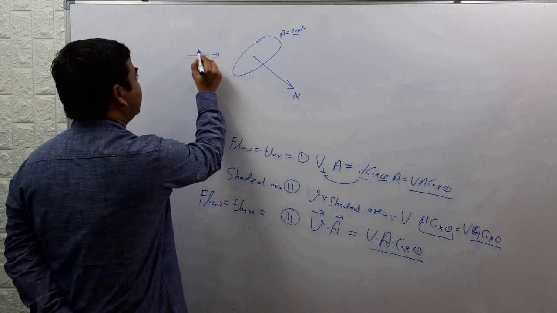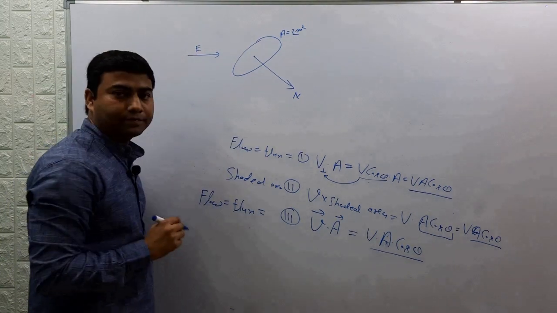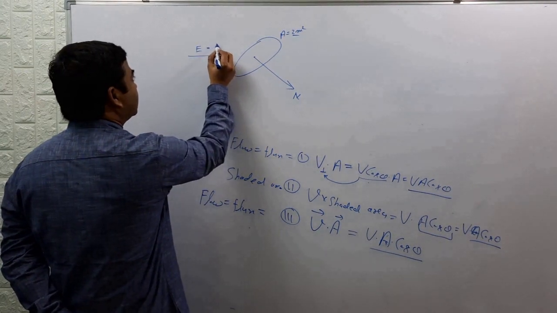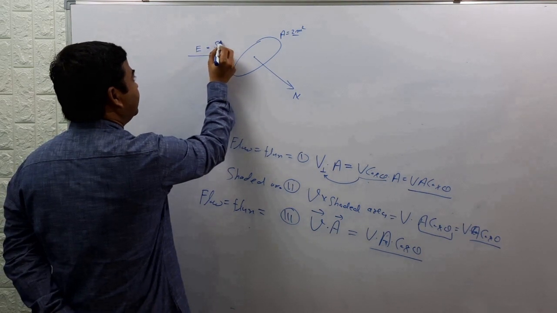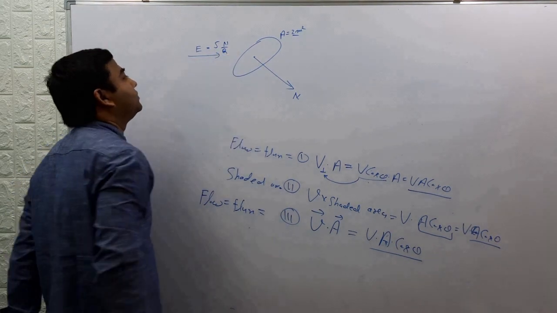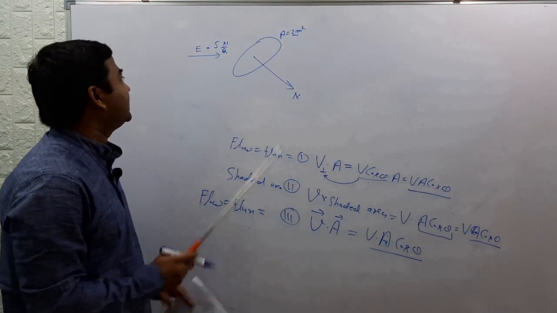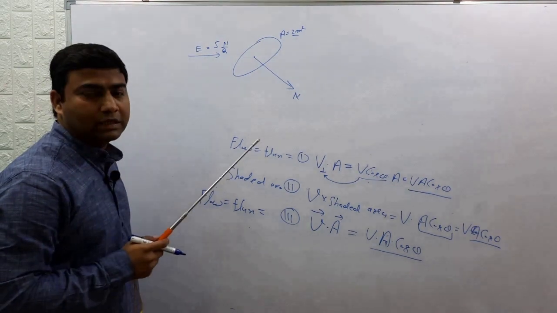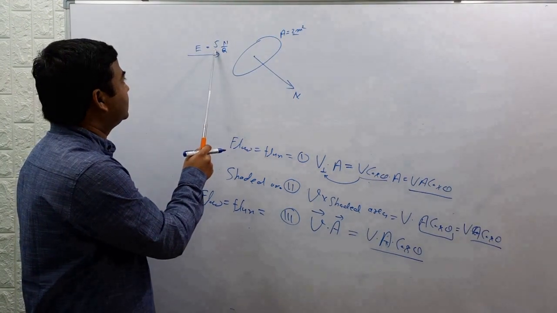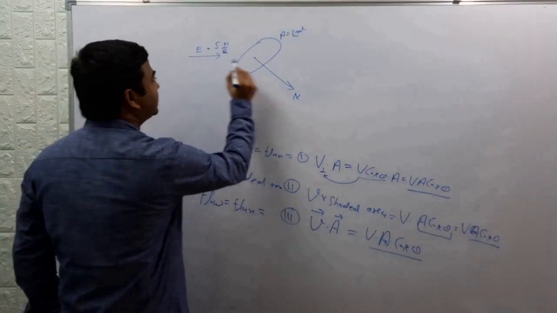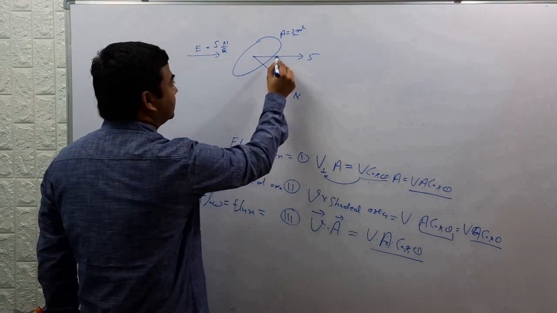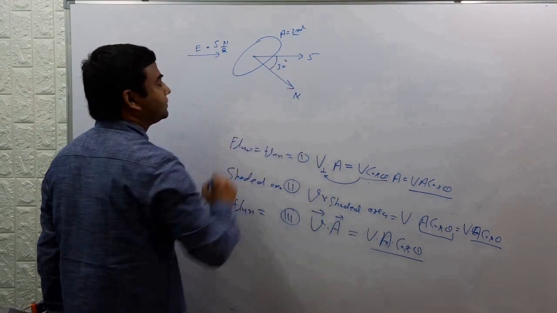And this is the electric field E. Let it be 5 Newton per Coulomb. Electric field is nothing but the electrostatic force on unit charge. This is the direction of the electric field. This angle is 30 degrees.